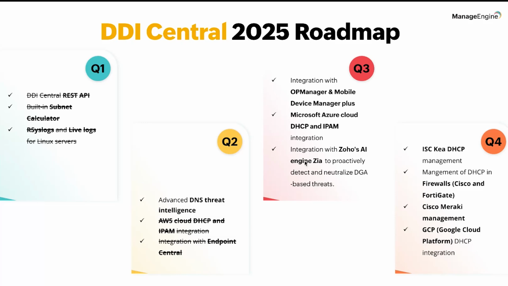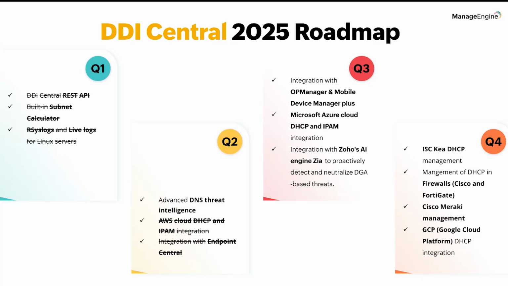And we are also planning a dynamic threat intelligence module, wherein you will have default threat feeds from our own ManageEngine service called Cloud DNS. And if you have integrations or licenses with prominent threat vendors, you can also bring in threat feeds from those vendors into DDI Central. So this will be imported into the DDI Central DNS firewall block list.